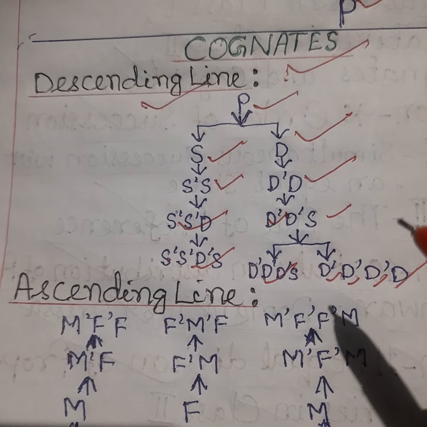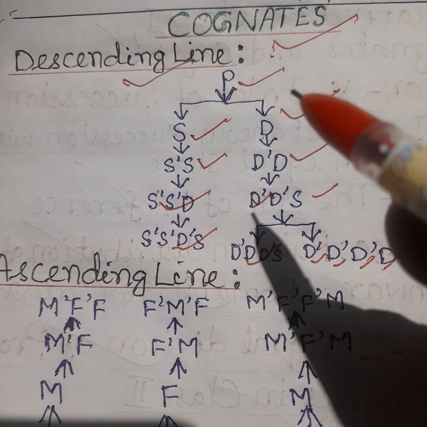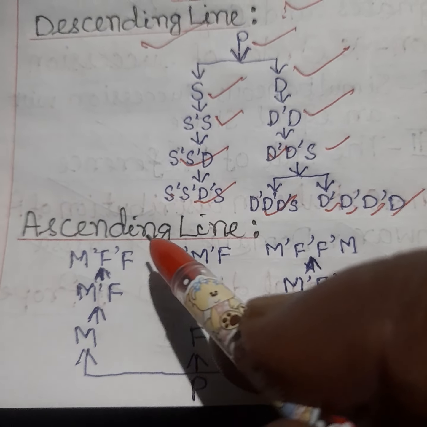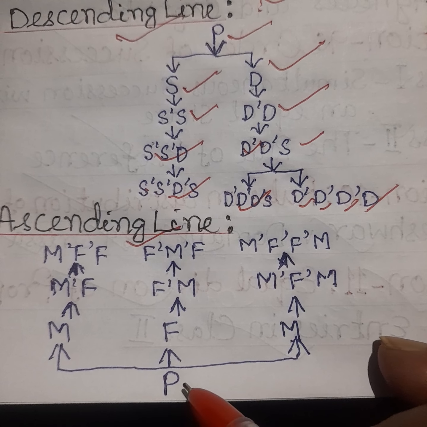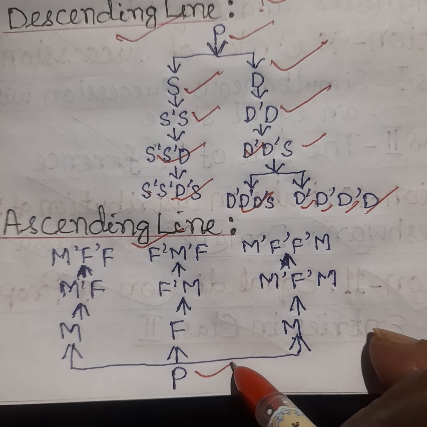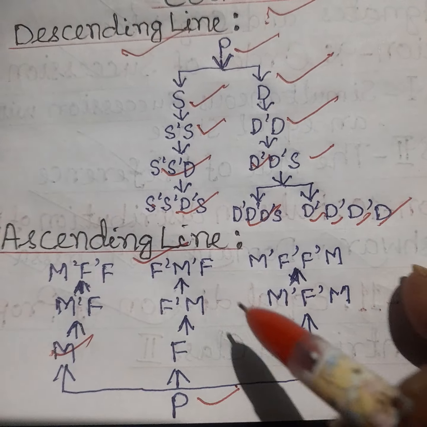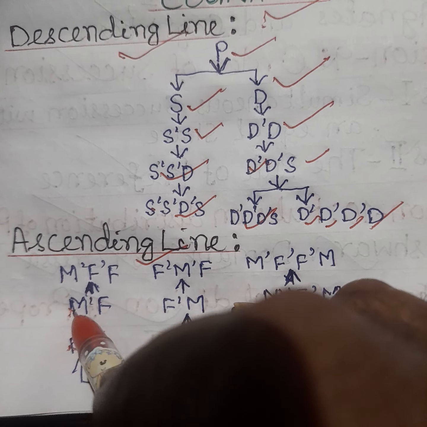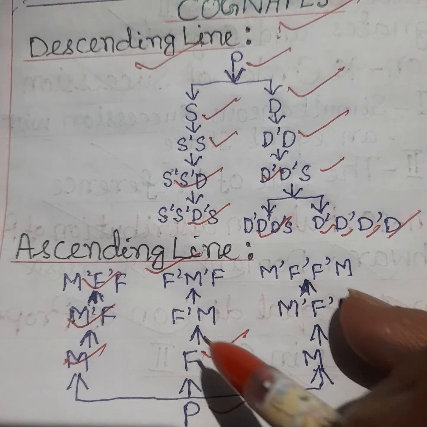So, this is the descending line of devolution or succession of property in order. And regarding the ascending line among the cognates, the property of the person who dies intestate will ascend first to the mother, then father, and after mother to mother's father, then to mother's father's father.